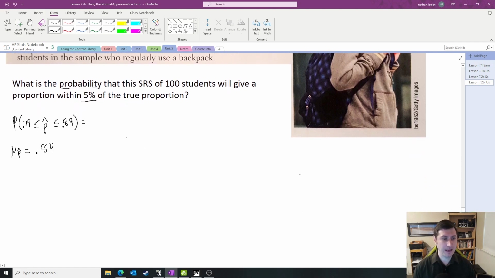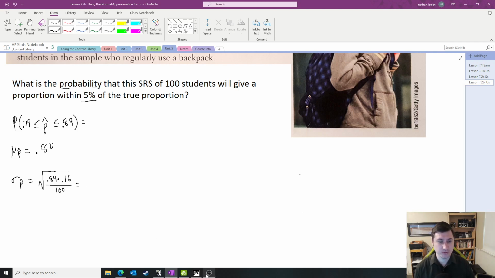Okay, and then our standard deviation of p hat is going to be equal to the square root of 0.84 times 0.16, p times q, divided by n, which is 100.